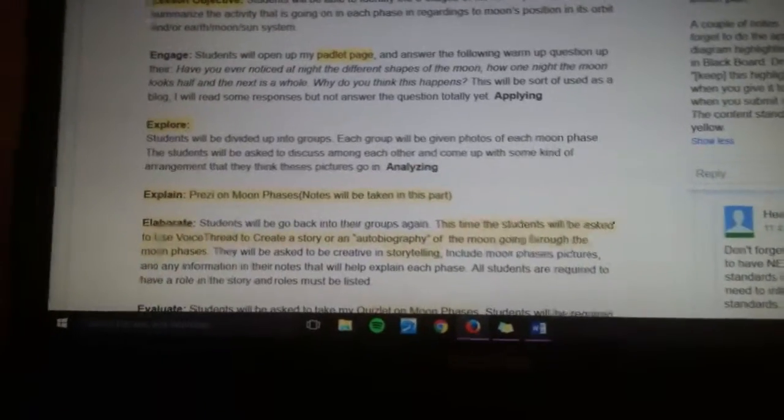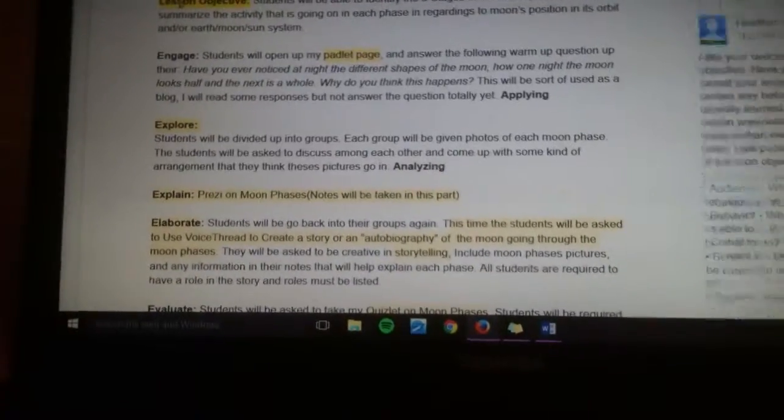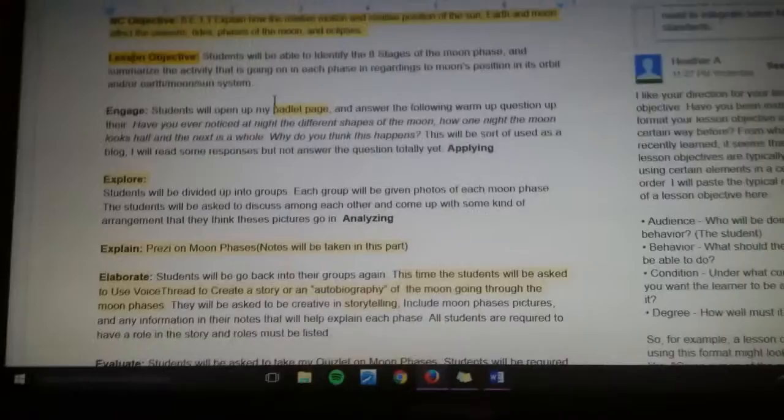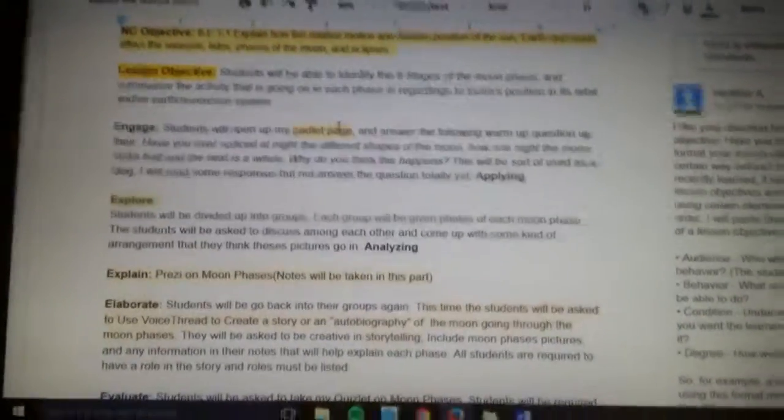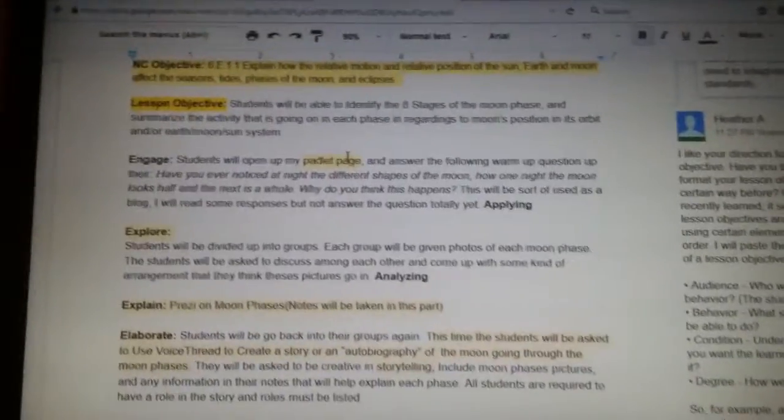Let's see. Alright, so for the lesson objective, I have personally been taught to format lesson objectives in a very specific way. I have included that in the comments on the sidebar here. These lesson plan objectives that I have learned to make involve audience, behavior, condition, and degree.